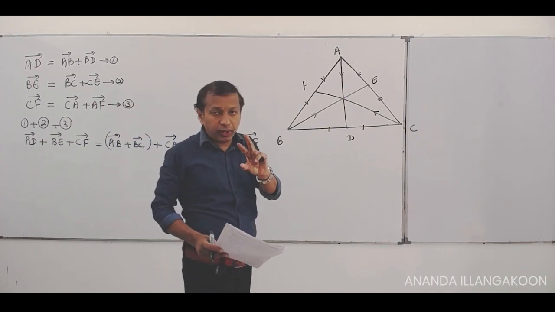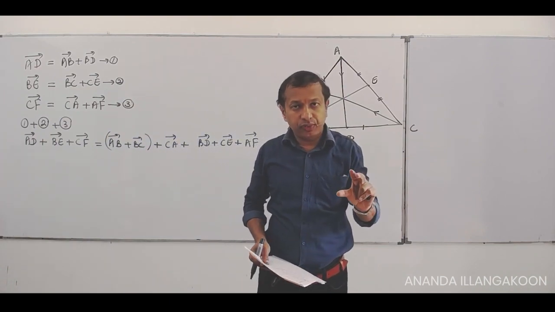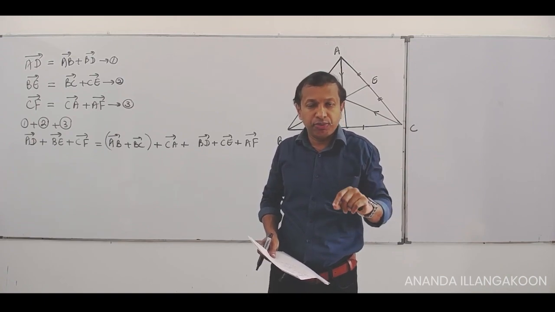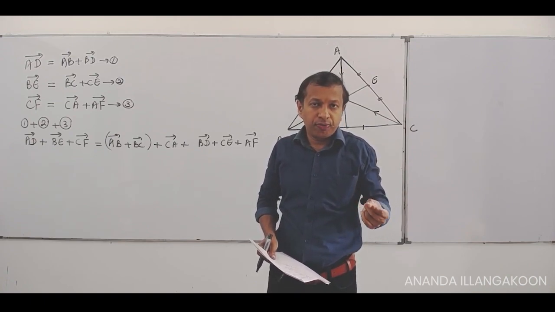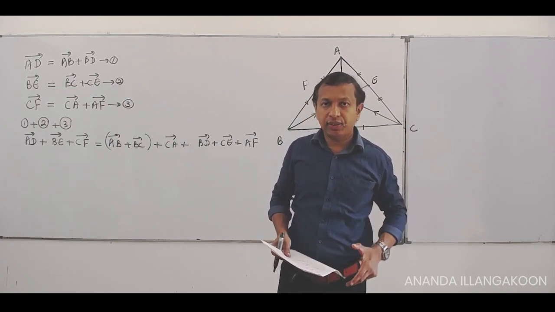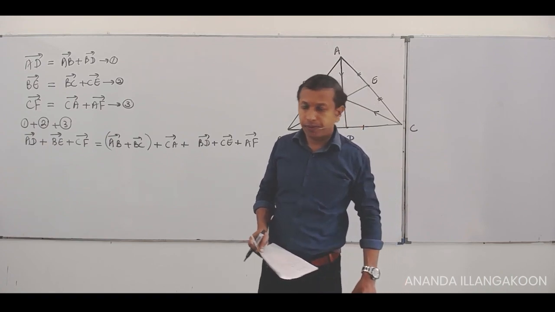You know, when we add two or more vectors, this addition can be done in any order. Like real numbers, when we add 2 plus 3 plus 4, we can change the order any way. The same thing is true for vectors.